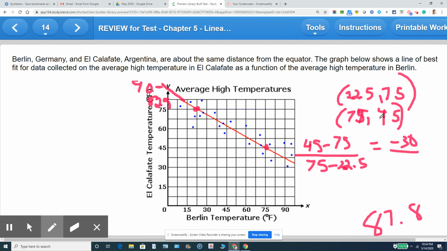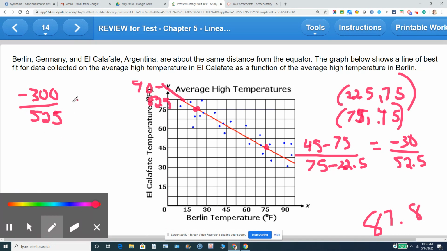In the denominator, if you subtract 75 minus 22.5, you get 52.5. Now, because you have decimals here, what I would do if I were you is I'd times numerator and denominator by 10. So you get negative 300, right, over 525. Okay?